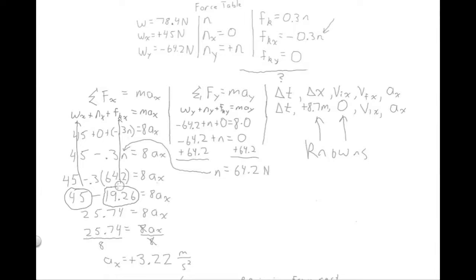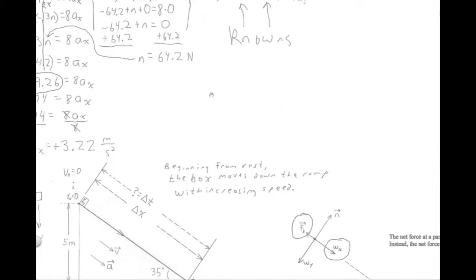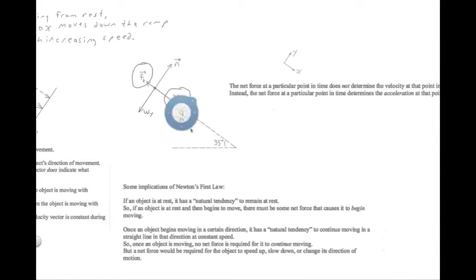So this number is the magnitude of the overall frictional force. And you can see from the numbers that we worked out that W sub x really is greater than the frictional force in magnitude. And that explains why we have a net force pulling down the inclined plane.